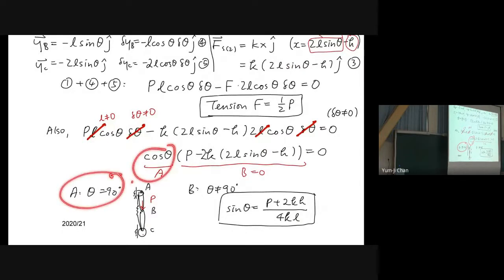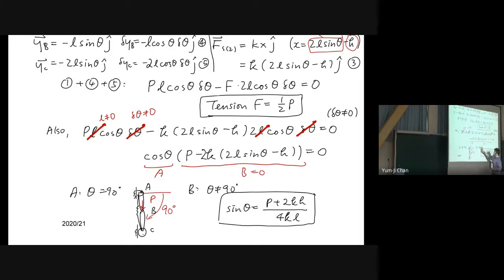It means the structure looks like this. Everything is 1D, and the spring tension is in the direction of T, so this is one solution.